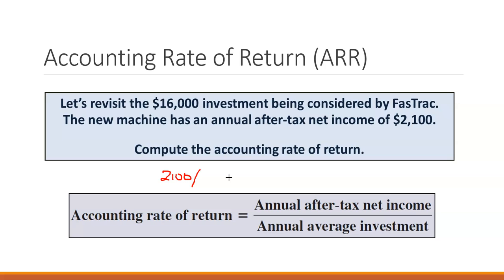This machine has no salvage value, so the initial cost of $16,000 divided by 2 is 8,000. So the accounting rate of return on this investment is $2,100 in net income divided by the 8,000 annual average investment, and that equals 26.25%.